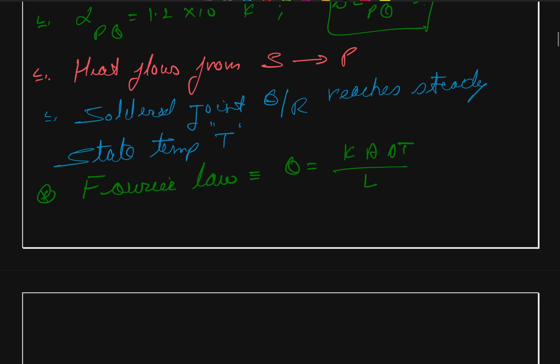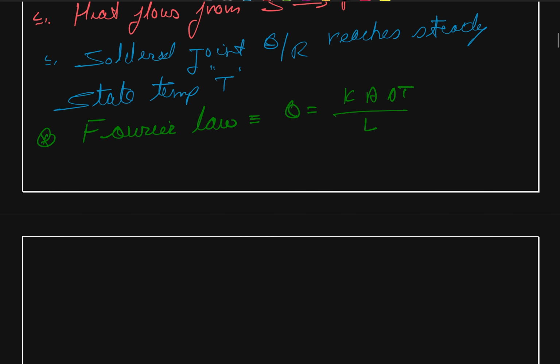And so we can write this with respect to the two wires. We can say that for wire PQ, we are having Q at temperature T and P at 10 degrees centigrade.